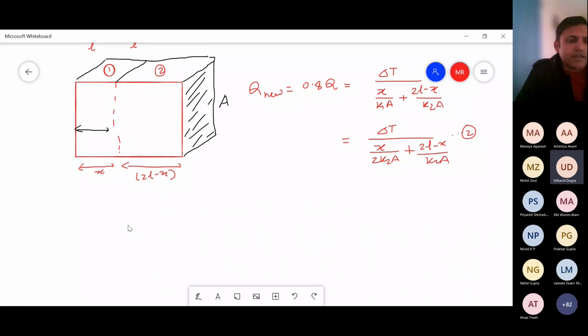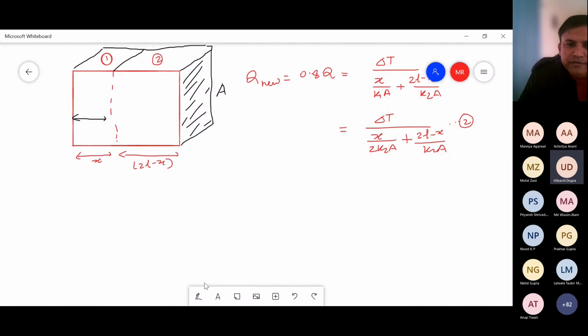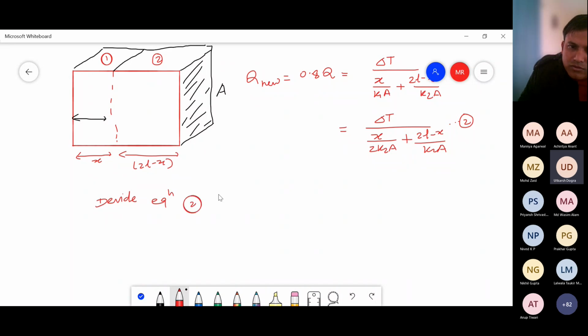Now if I divide equation number 2 by 1, what we are going to get is 0.8. This delta T, the driving force, remains the same. That is what is given in the problem statement, isn't it? So delta T is the same, the temperature difference is going to remain the same.